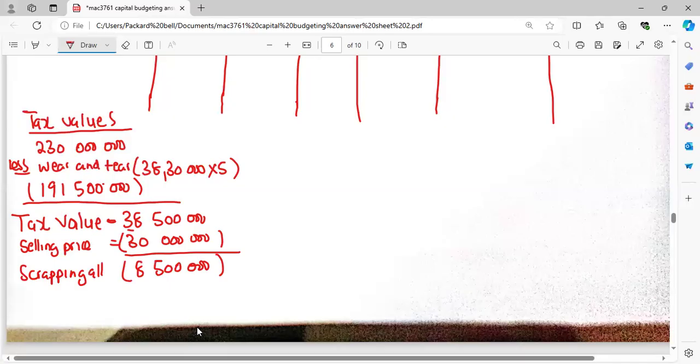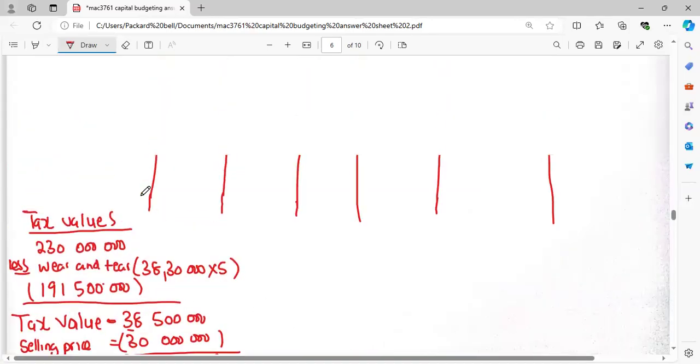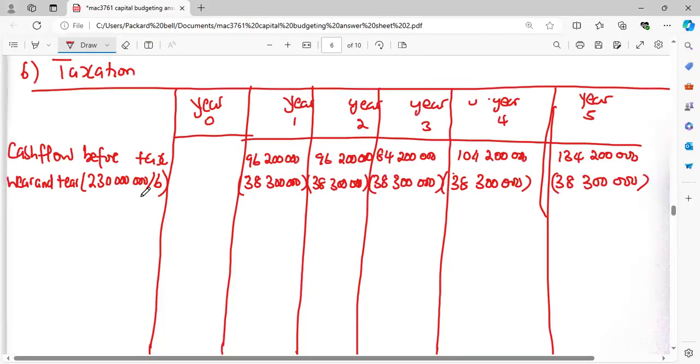If we get a loss, it's going to assist us to reduce our taxable income. So in year 5, we are going to deduct this 8,500,000.